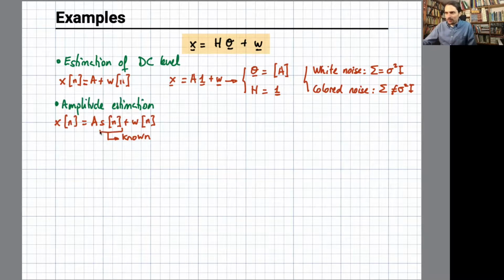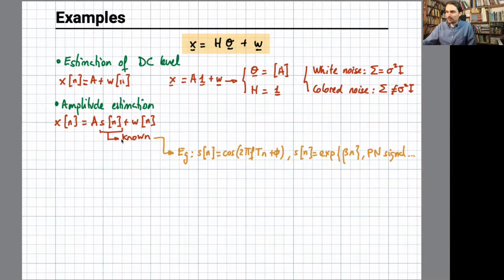Another example is that of amplitude estimation. So suppose that the data is a scaled version of a known signal, but we don't know this scaling factor and we want to estimate it, right? This signal can be, for example, a sinusoid or an exponential or a pseudo-random sequence, something like that.